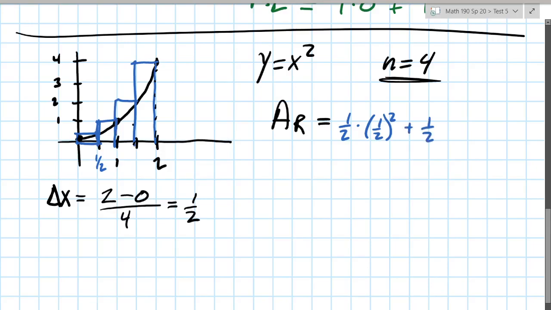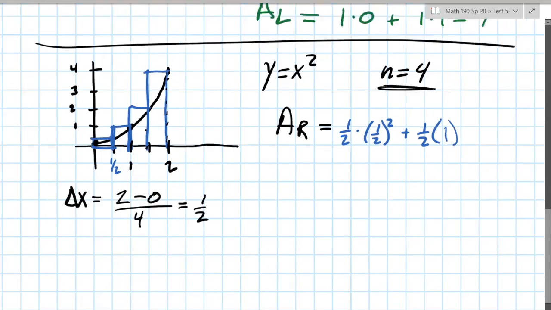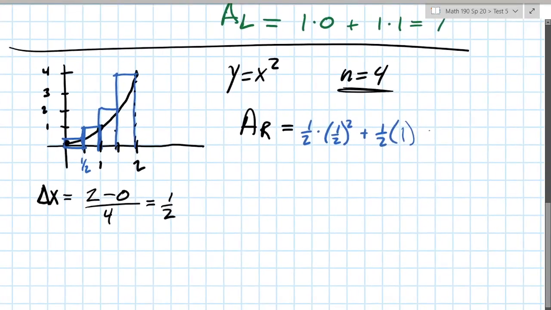Then base times height. What's the height of this next rectangle? Well, we would be at 1. 1 squared is 1. Okay, plus base times height.